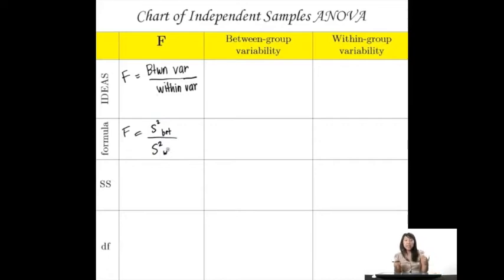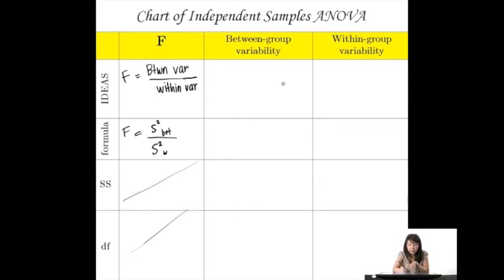Right? So that's the F, right? Now, for the F, you can't just calculate sum of squares, because really, the F is made up of a bunch of sum of squares. And for F, you actually need 2 degrees of freedom, and that's going to be determined by the between group degrees of freedom and the within group degrees of freedom. So these I'm just going to leave empty.